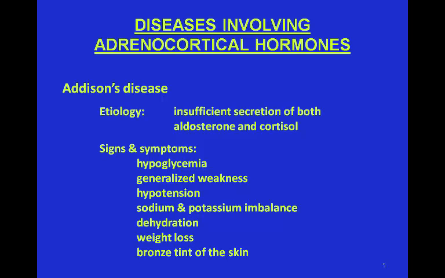Hypoglycemia, meaning the blood sugar is too low. Generalized weakness, hypotension, imbalance of sodium and potassium, dehydration, weight loss, and a bronze tint to the skin. President John F. Kennedy had Addison's disease, and he had a bronze tint to his skin that most people interpreted as just a healthy tan.